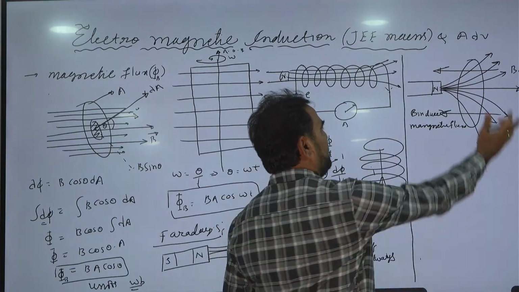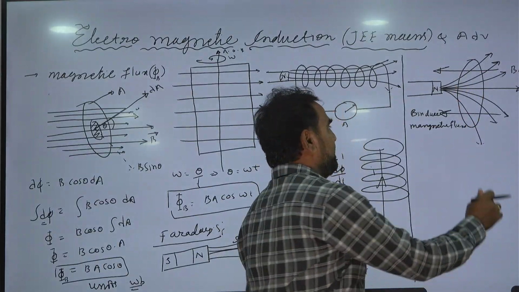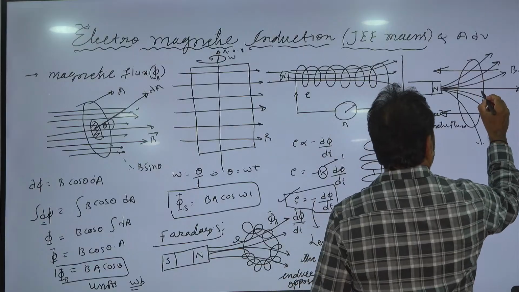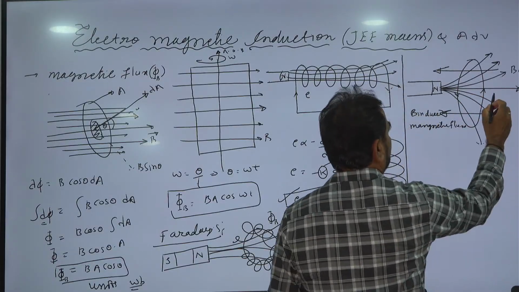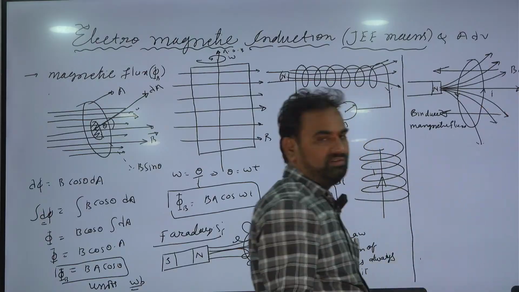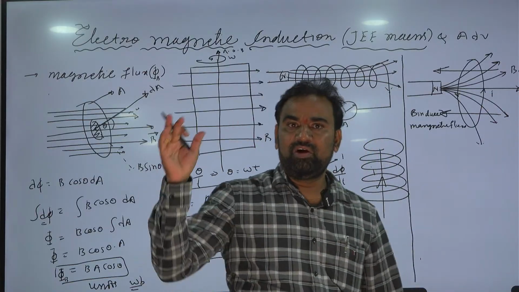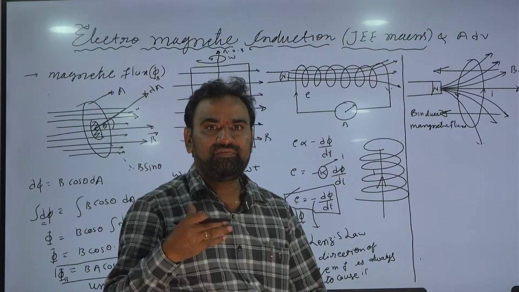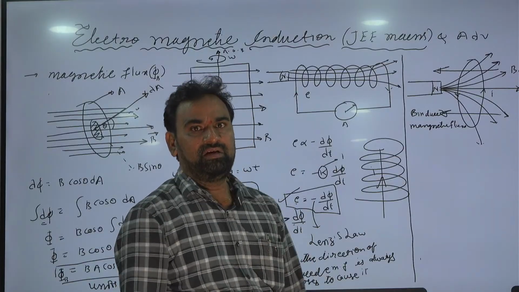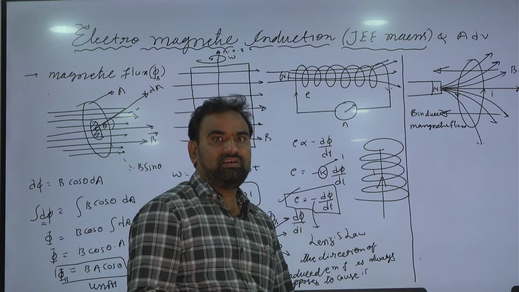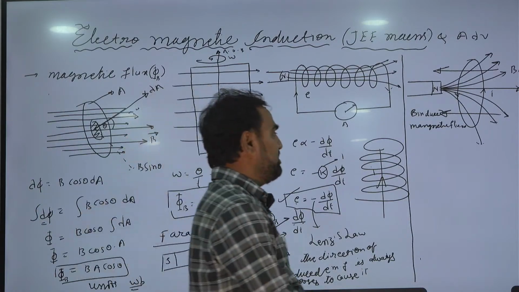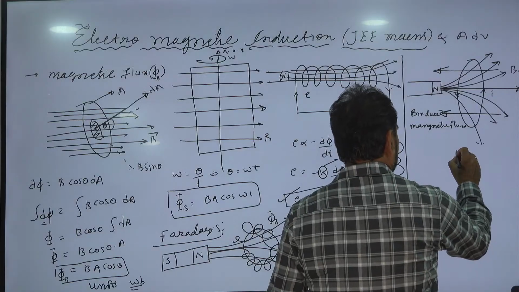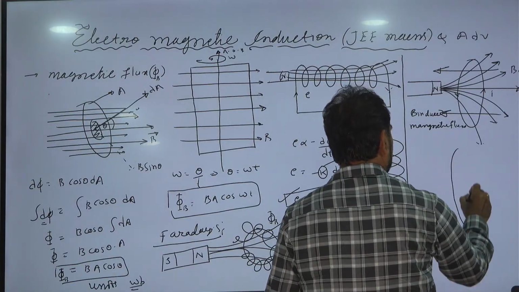So what is the direction of current? The direction of the current would be anti-clockwise. This is the direction of the induced current. How can we determine the direction of current? We can determine it by using the right hand palm rule. See here, this is a coil.